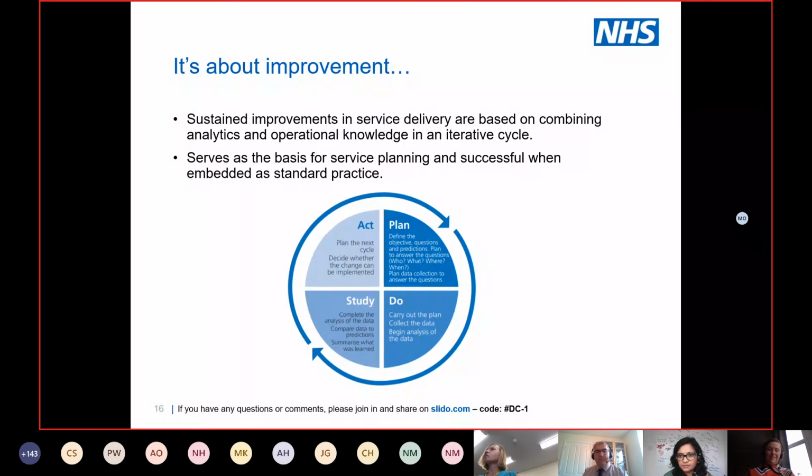You'll plan the model, you'll work with the services and complete it, review it, and at that stage you may well go back round that cycle again and update it, make amends, make changes, make refinements, and go through that loop again before you get to the stage of actually acting on some of those outputs and making some changes.